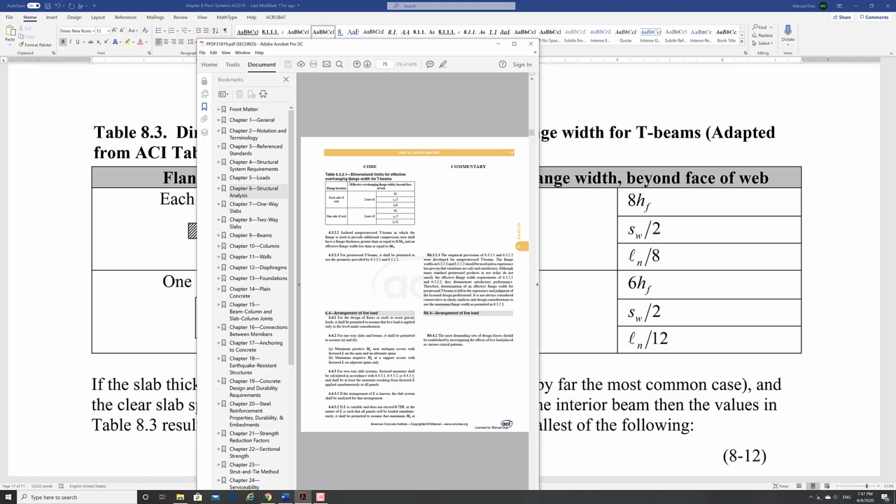But remember, it's for the overhanging flange. This is not the total b_f. This is just the overhanging flange.